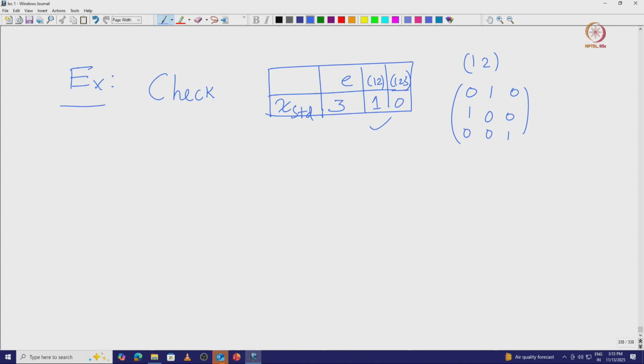From this you can conclude, and I will leave it as an exercise, decompose chi standard into a sum of irreducibles.